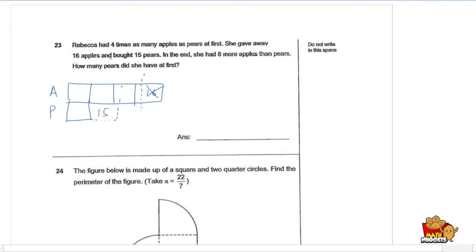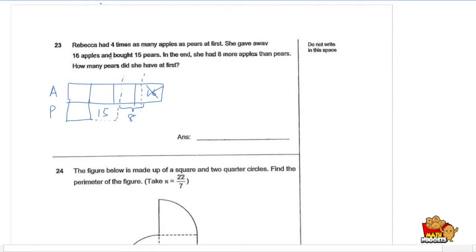She still had 8 more apples. Wait, this is not 8. So she still had 8 more apples here. So how many pears did she have at first?